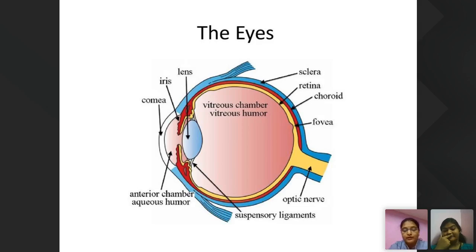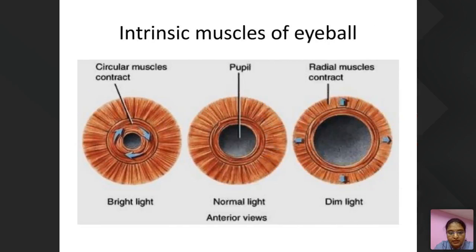Whereas if we are doing near-focused reading, texting, or anything similar, initially the iris muscle and ciliary muscle contract, thereby reducing the space of the pupil. This is the first stage. Next is the superior oblique muscle.